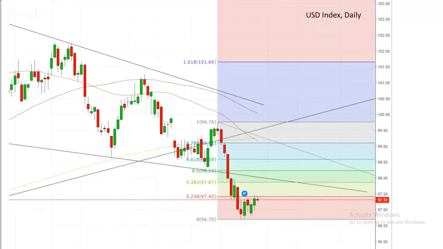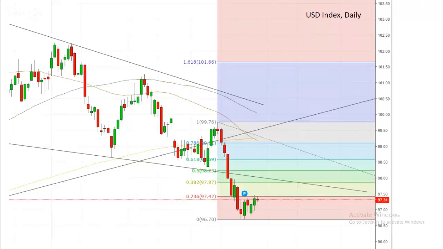This point was fixed on Thursday, and a break above the neckline of this formation, which may be a double bottom, a break above 97.42, will make the US dollar go up for a deeper correction to the upside.